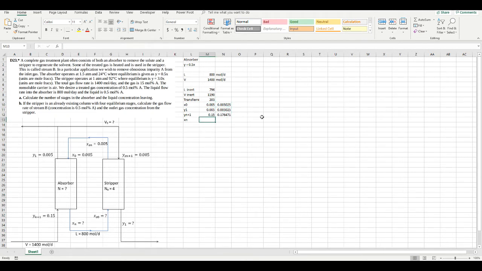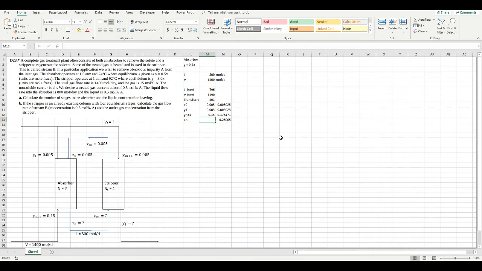So the final mole ratio of xn is going to be equal to the total transfer flow rate plus the existing amount of impurity divided by the inert fluid rate. So this is going to be equal to 203 plus 4, all divided by 796, which gives us a mole ratio of 0.26.